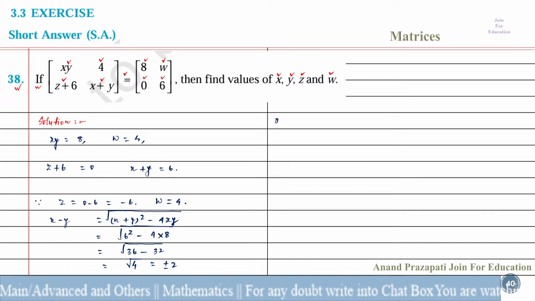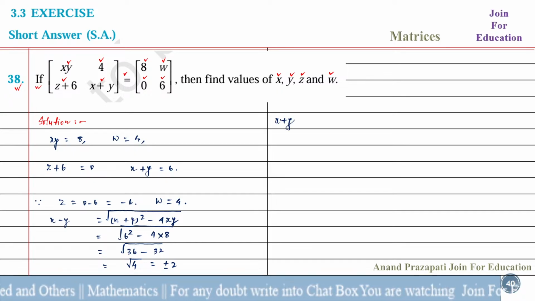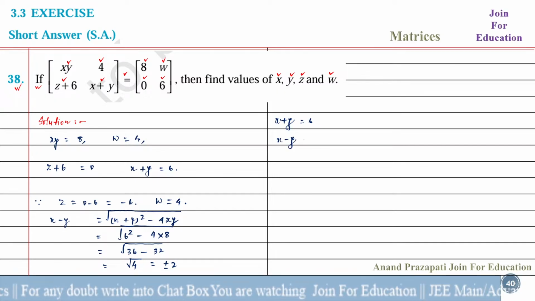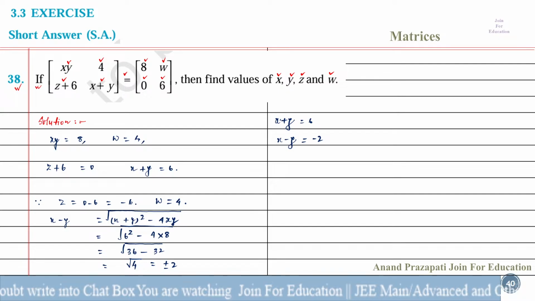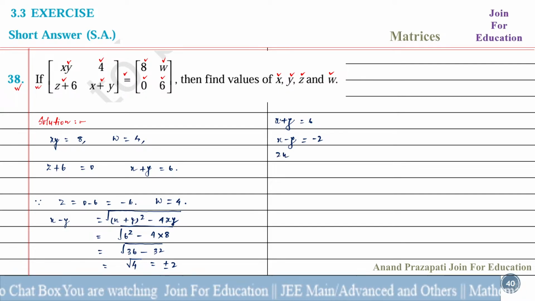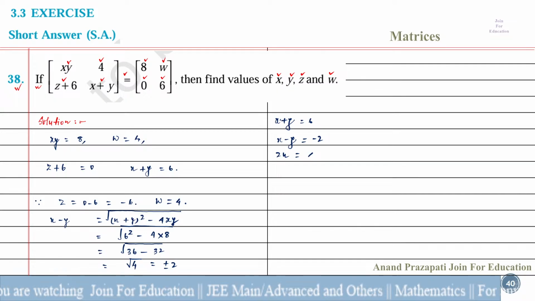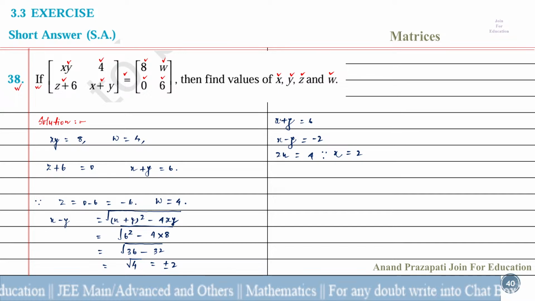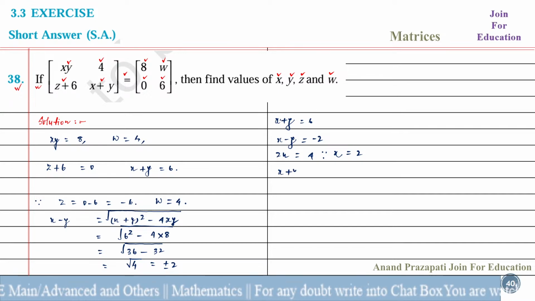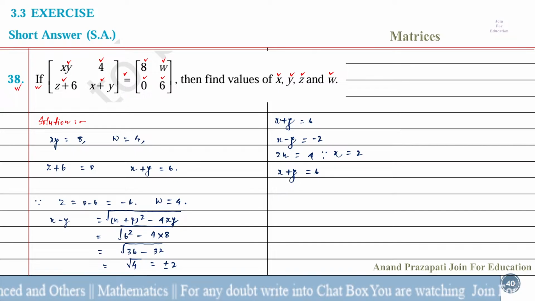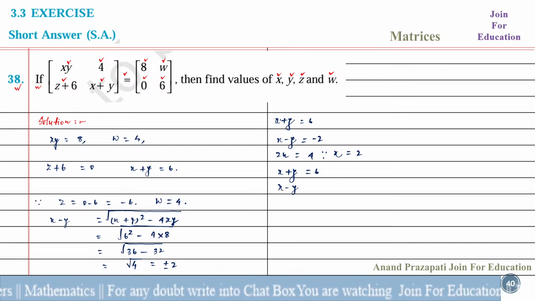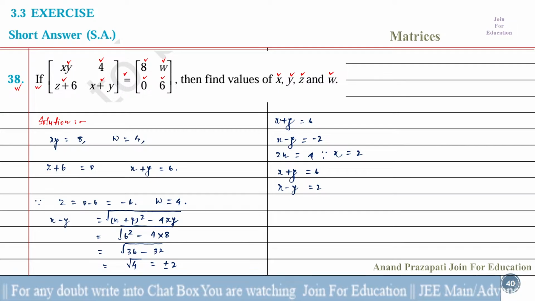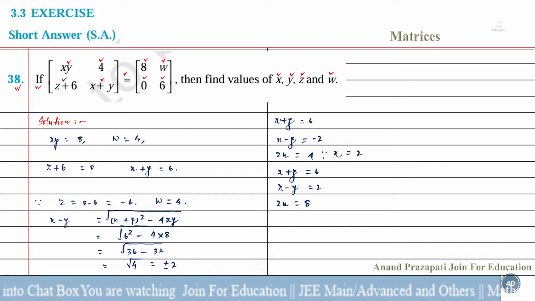So x plus y equal to 6, and when x minus y equal to minus 2, then we get 2x equal to 4. Therefore, x equal to 2. When x plus y equal to 6 and x minus y equal to 2, then 2x equal to 8.